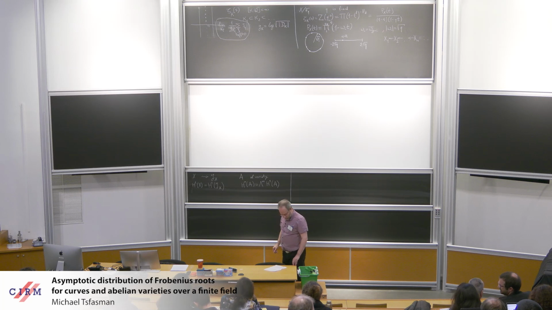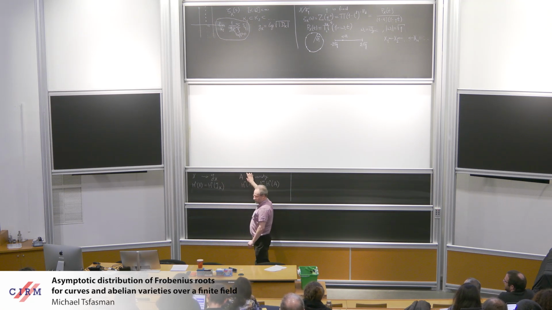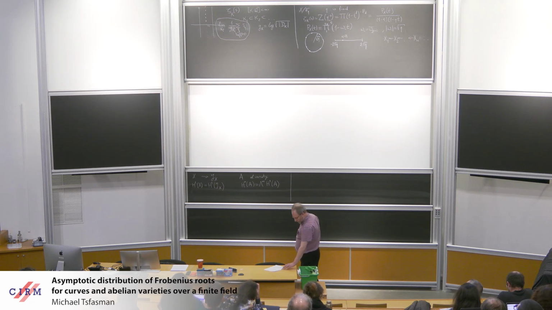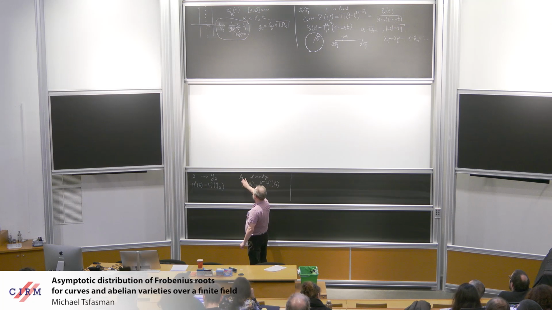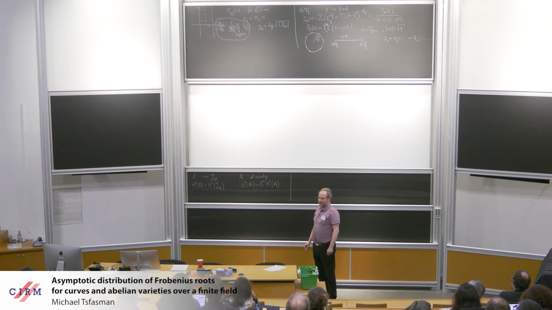Now, there is a great difference between the case of Jacobians and the case of abelian varieties. And it's about that difference that I'm going to speak today. So how can you distinguish? Well, suppose that you have an abelian variety. Then you can imagine that it is a Jacobian of some curve.